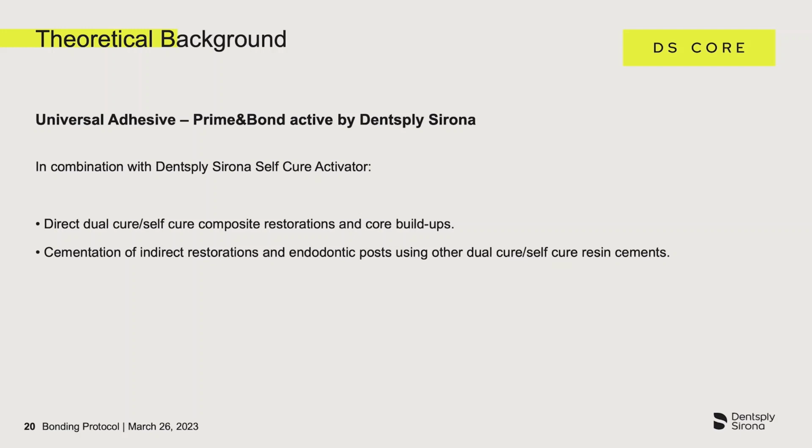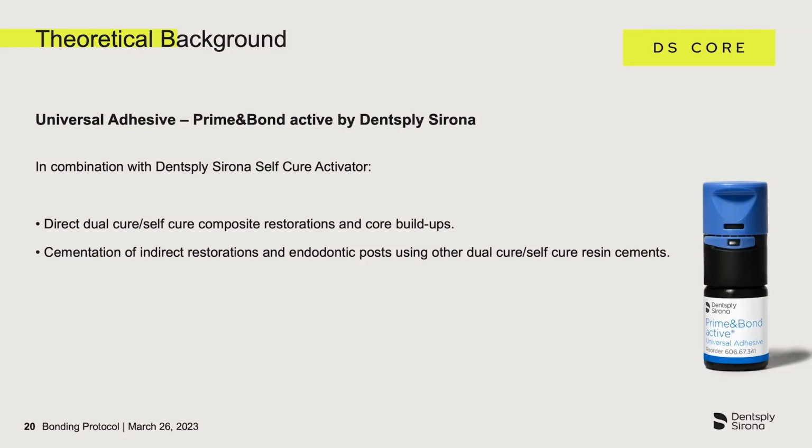If endodontic posts are to be cemented with Prime&Bond and a dual curing cement, or Prime&Bond is to be used as a bonding agent for the application of a self-curing composite cement, then it is essential that Prime&Bond is mixed 1:1 with the Dentsply Sirona self-curing activator beforehand in order to ensure adequate dark curing. That is, in the absence of light.